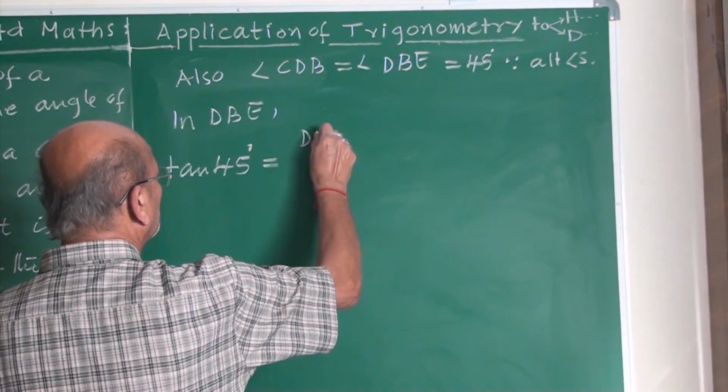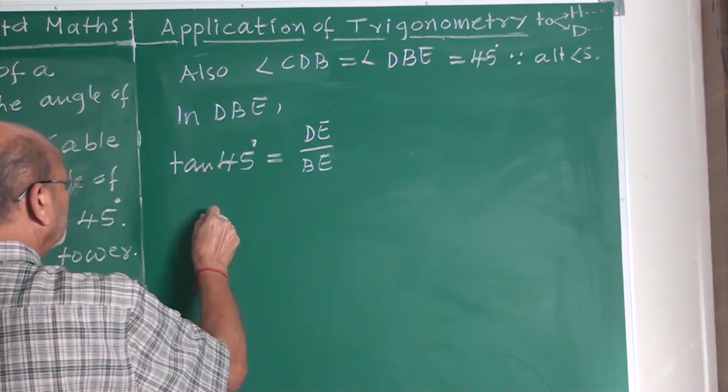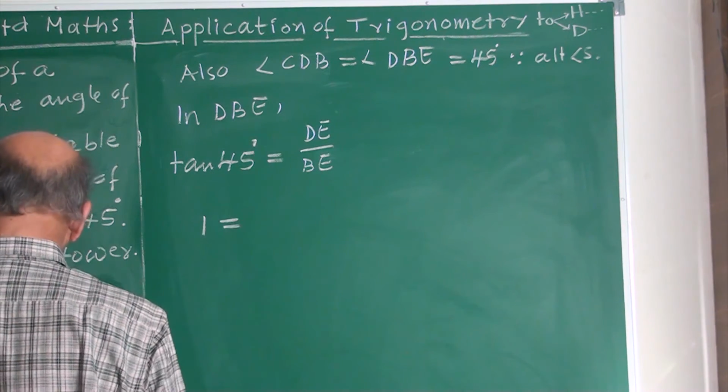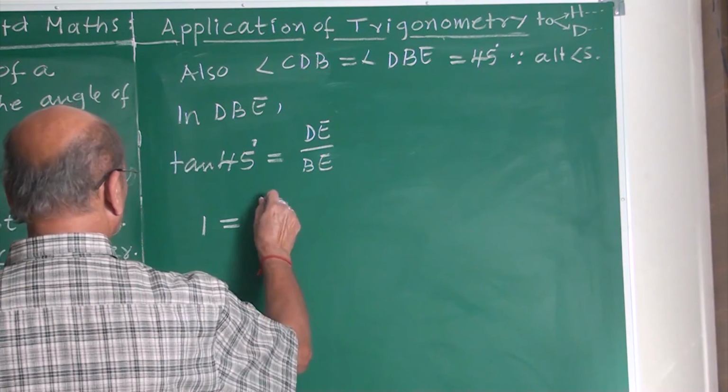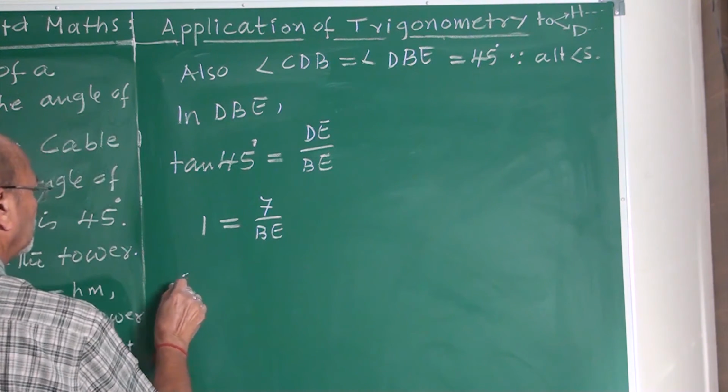Tan 45 is 1, so DE, which is 7, upon BE. From this, what is the value of BE?